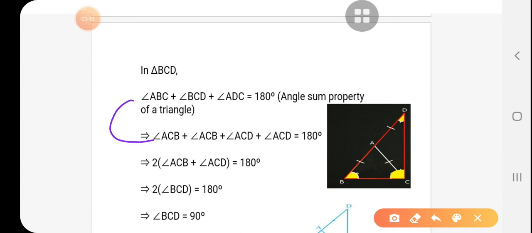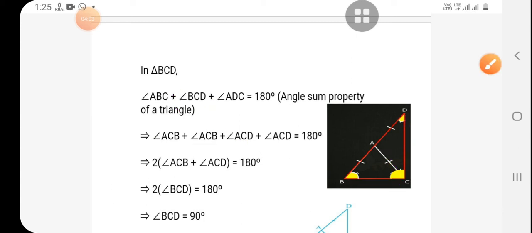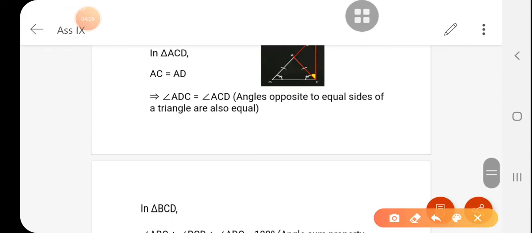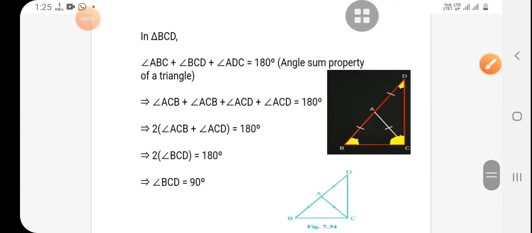Similarly, angle BCD can be written as angle ACB plus angle ACD. We just put its value. Now the angle ADC, you can see in the second proof that angle ADC is equal to angle ACD. So we just put it. See here, we have already proved it. So we just put its value.